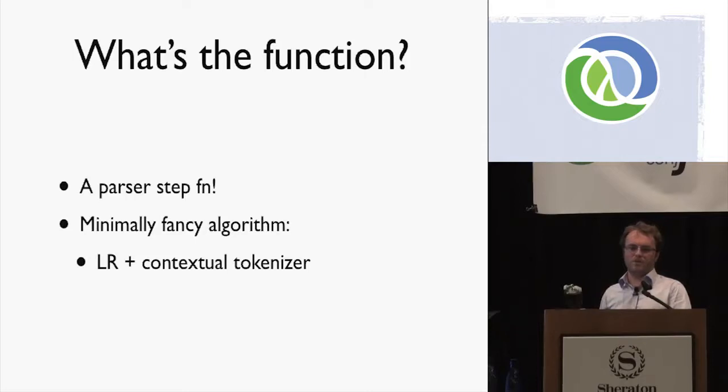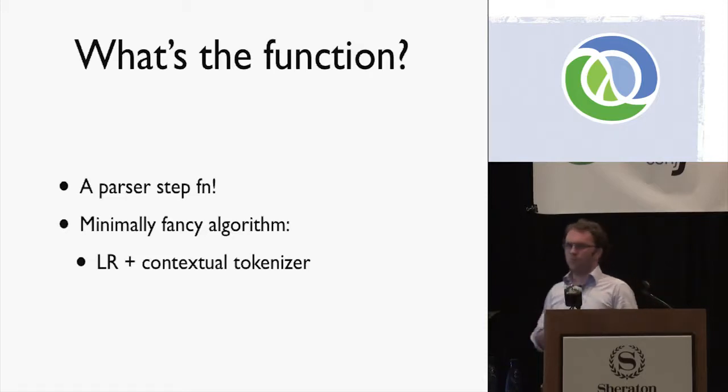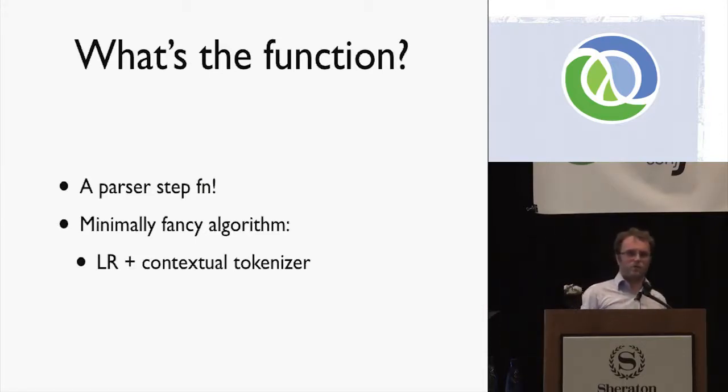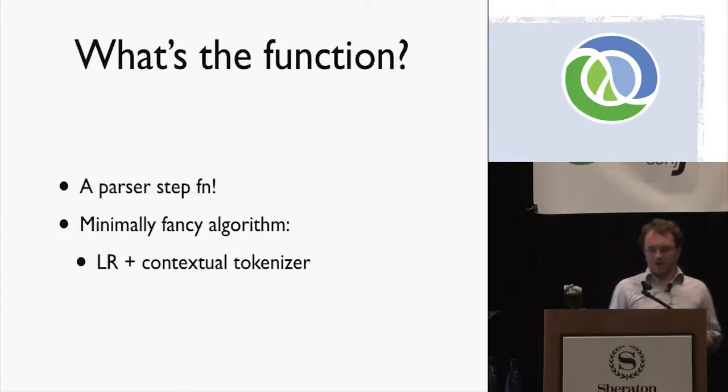I just put something else, which is the contextual tokenizer, for other purposes, which are to make the parser total. A parser is going to return a parse tree even if your input is completely broken.